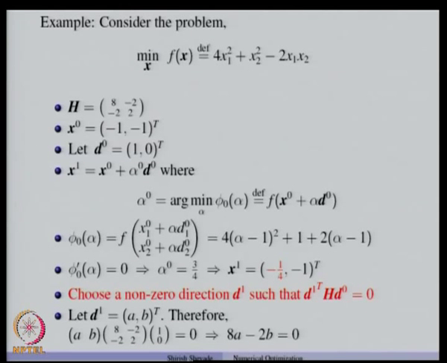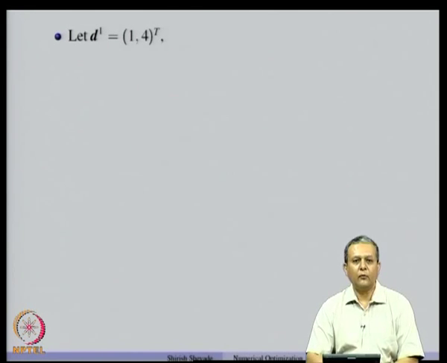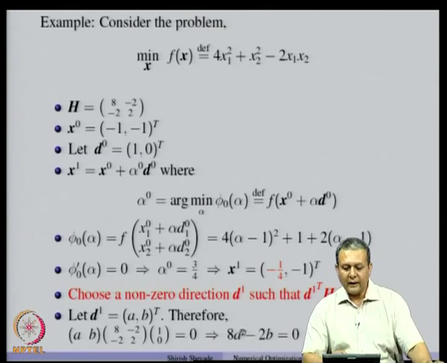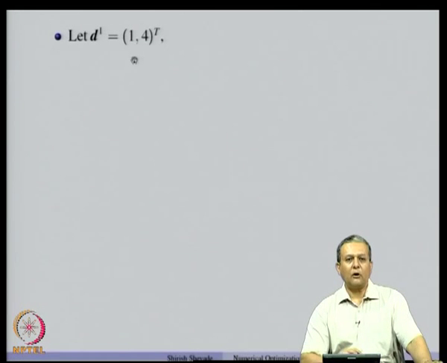As you can see, we have one equation and two variables, and therefore there exist infinitely many solutions to this equation. Now, we can choose one of those solutions. For example, suppose we choose a to be 1 and b to be 4. If you recall, that satisfies this equation. So, suppose we choose d1 to be (1, 4).